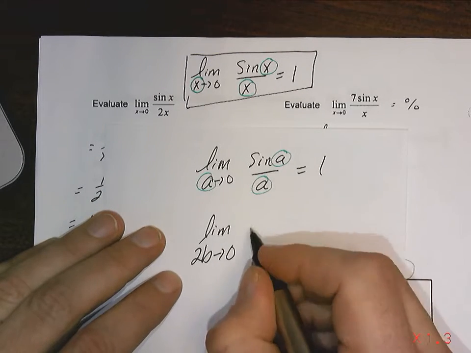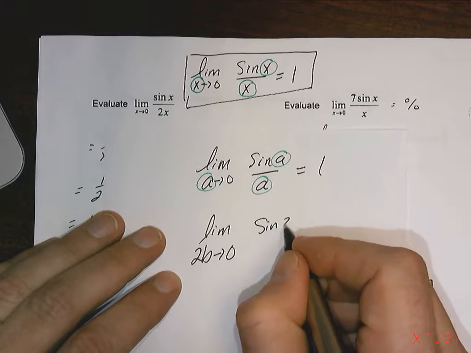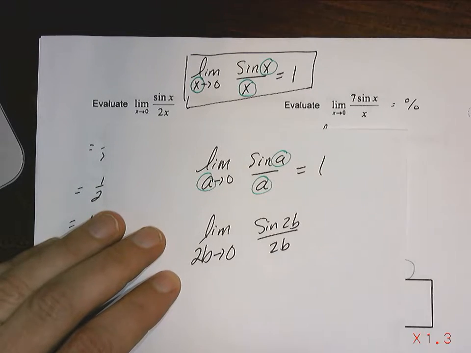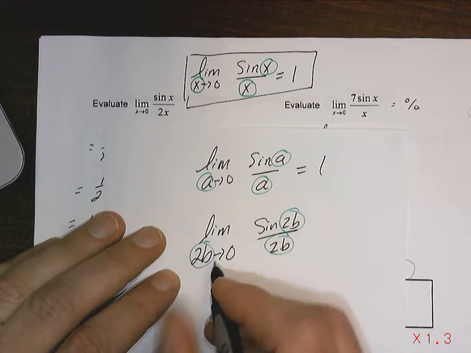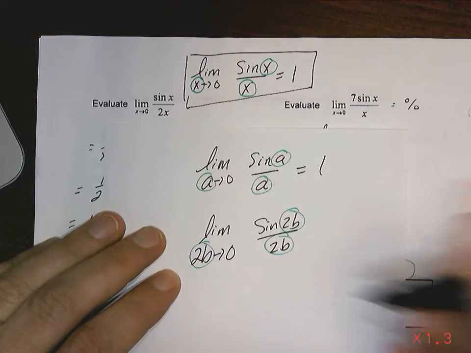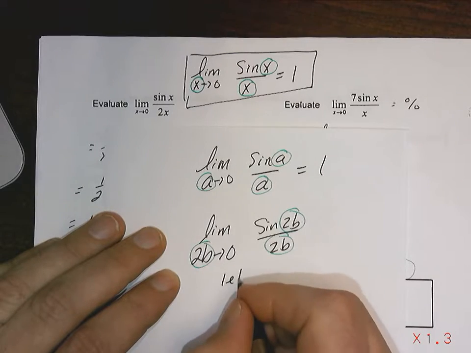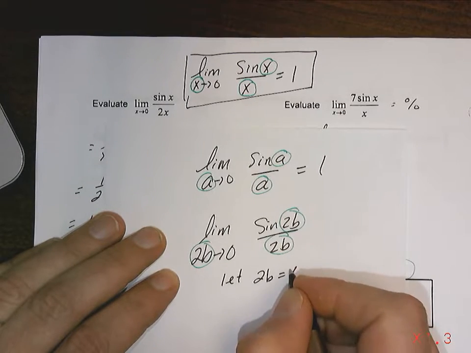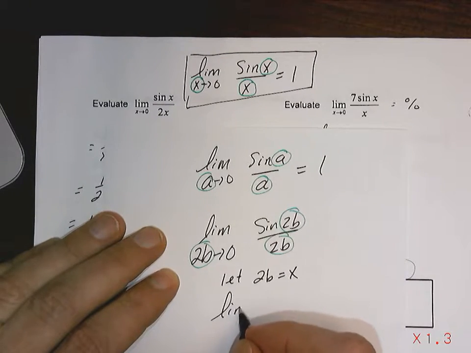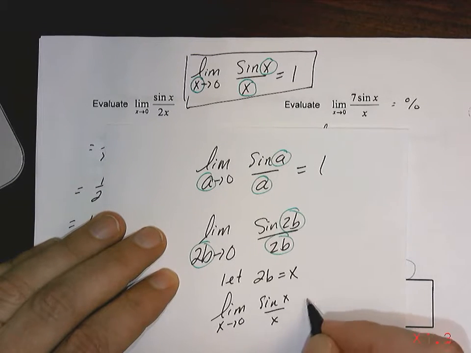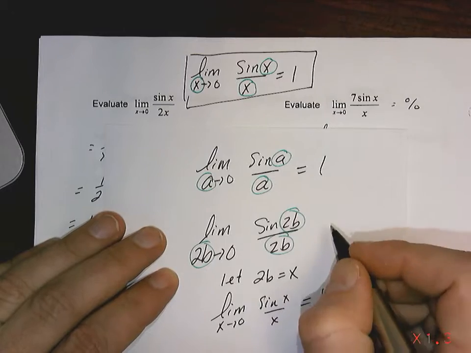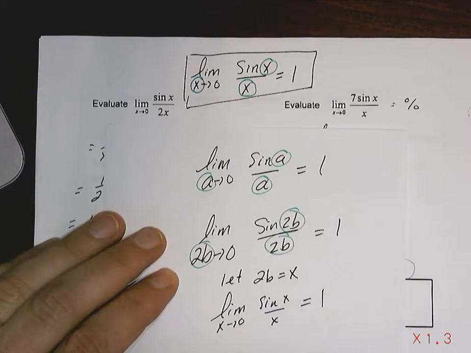As 2b approaches 0, it would be sine of 2b over 2b. We have the same pattern. So if you then said let 2b equal x, look what would happen. Limit as x approaches 0 of sine x over x, which is 1, which means that equals 1.